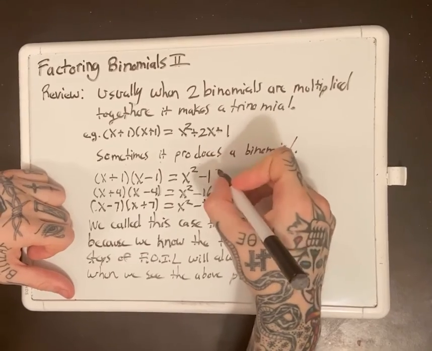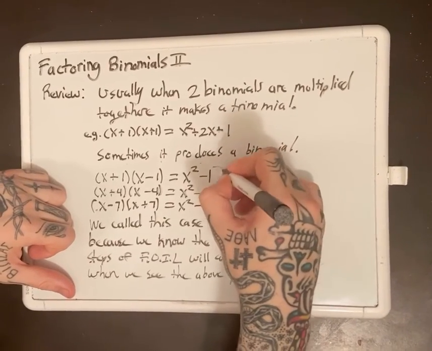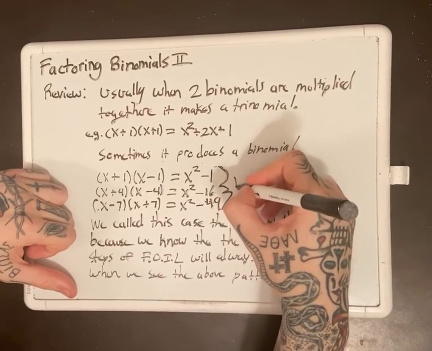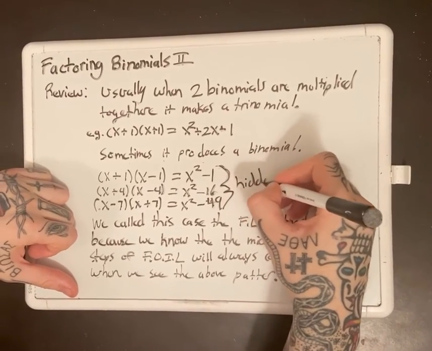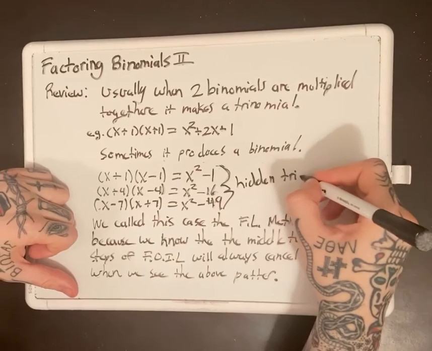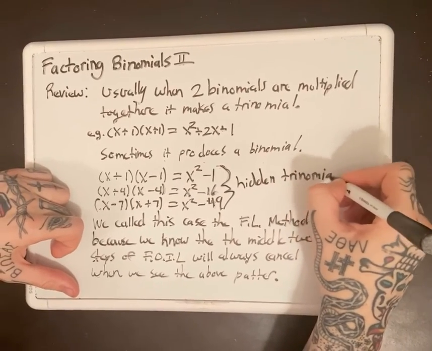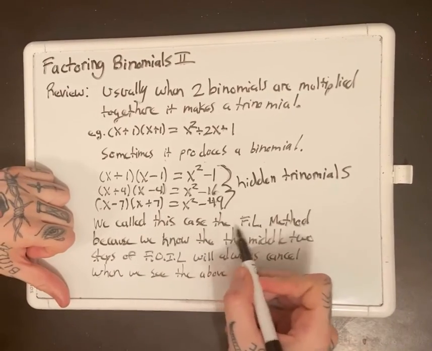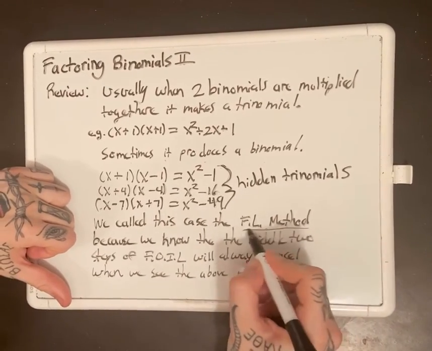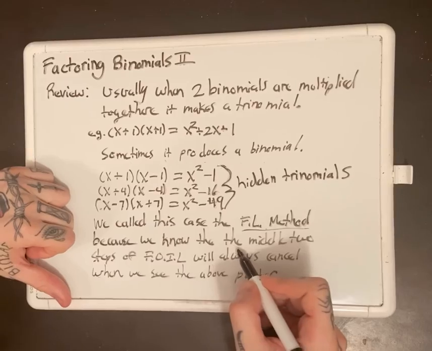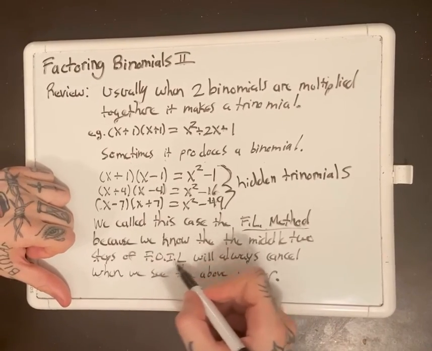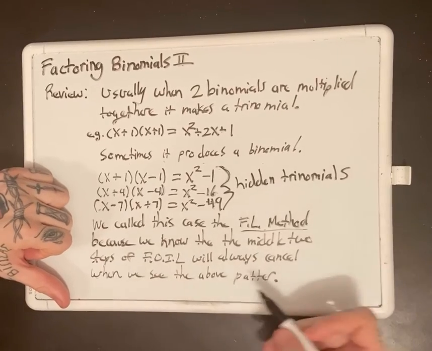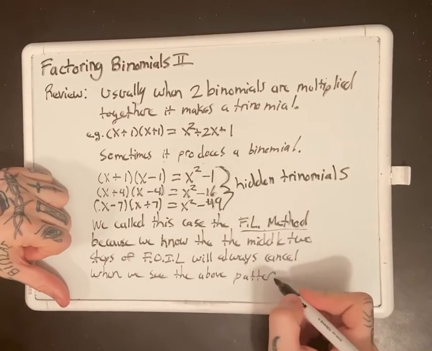If you remember back to our lesson on FL, we called these hidden trinomials. Okay? And we called this the FL method because we know the middle two steps of FOIL will always cancel when we see the above pattern.